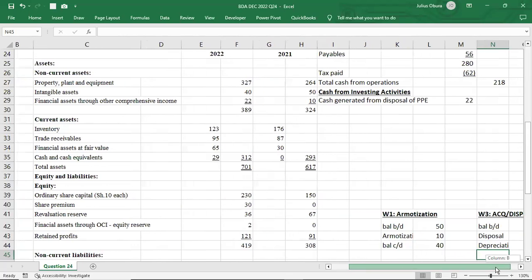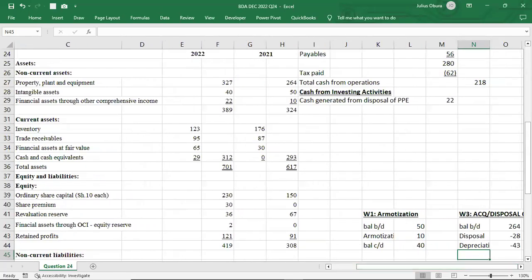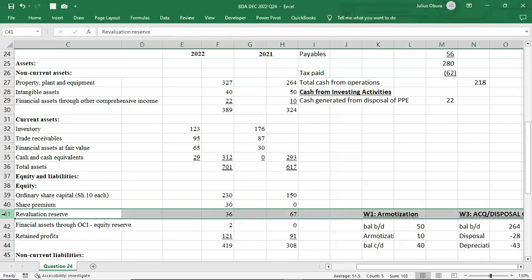Revaluation for PPE should be under equity and capital. Yes, that is it, the revaluation reserve. We had 67 to 36. That means that we had a decrease in the revaluation reserve for PPE.